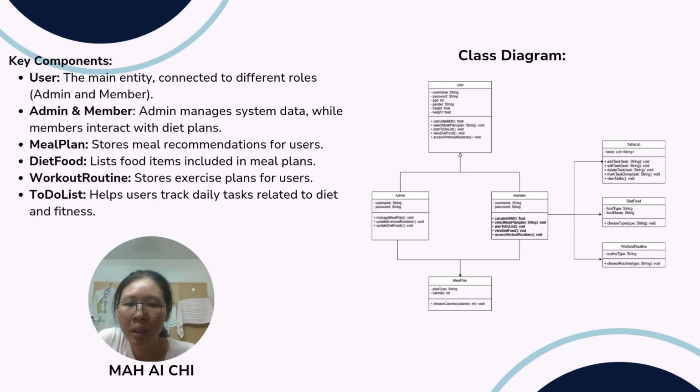Admin manages system data, whereas member interacts with diet plan, meal plan, which stores meal recommendations for the user, diet food, which lists food items included in the meal plan, workout routine, which stores exercise plans for the user, and to-do list, which helps the user track daily tasks related to diet and fitness.